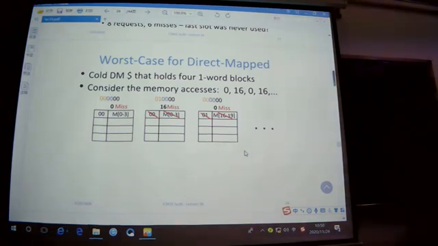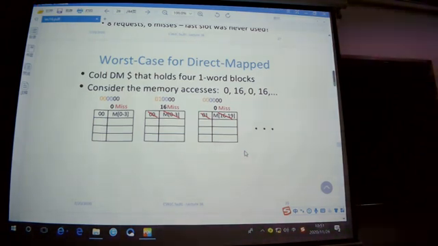But this condition isn't regular because we find, before in the class, we call locality. Okay. So 0, 16, 0, 16. This is not locality. So this is the condition we are thinking of, and this is the worst case.